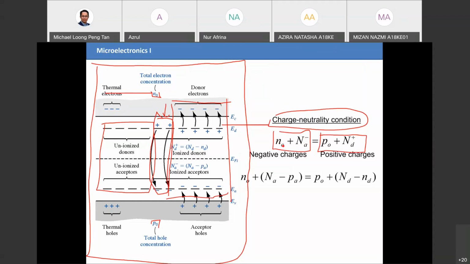Then the negative charge, plus NO, equals PO, which is your hole concentration, plus the ionized donor, which is positively charged. Then you split this into two parts some more. This one is Na minus Pa, and then big Nd minus small Nd.